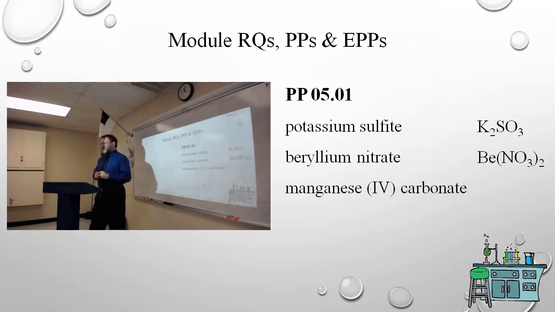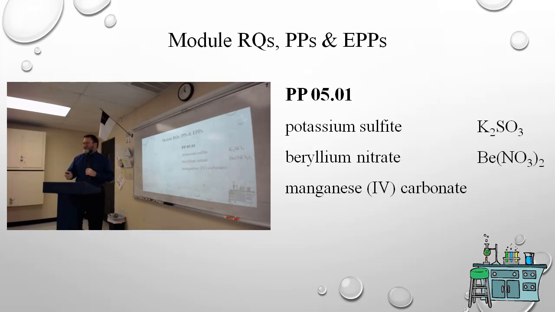Manganese 4 carbonate. Gave him an easy one. Mn2CO34. How do we come up with that? Oh, okay. It's not. What did you have again? I had Mn2CO34. No. Because it's ionic, right?